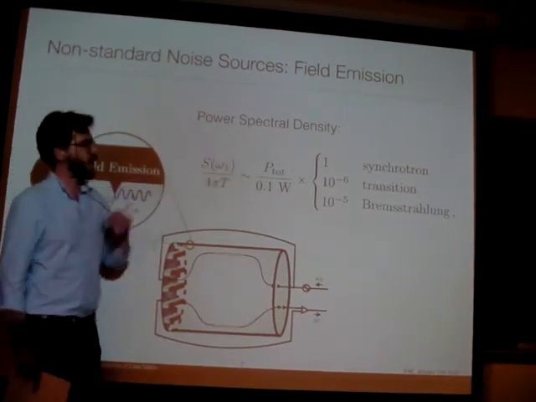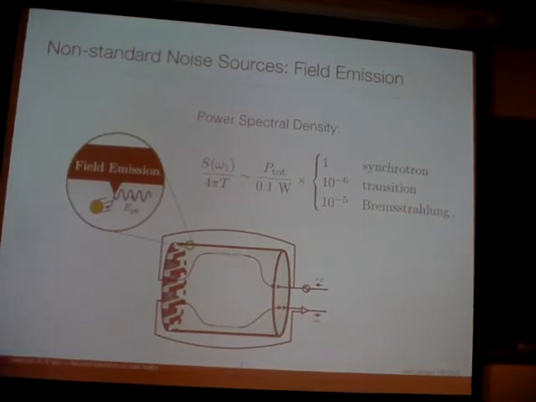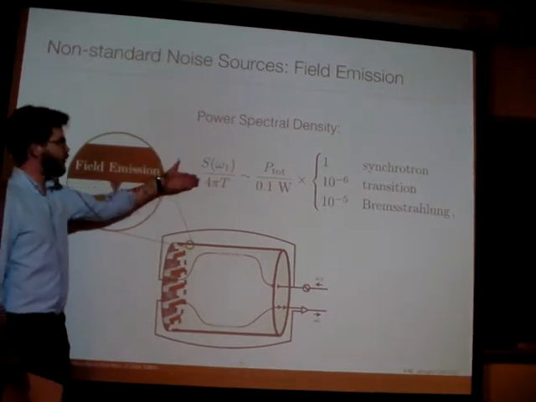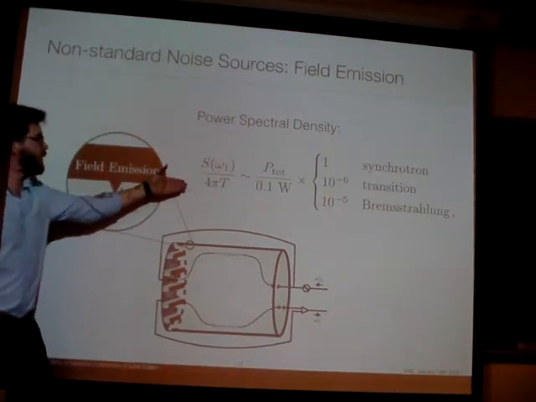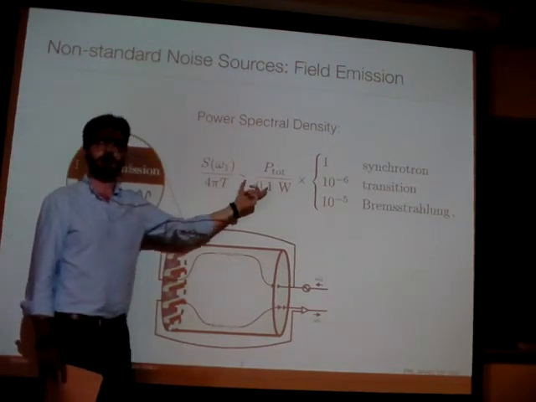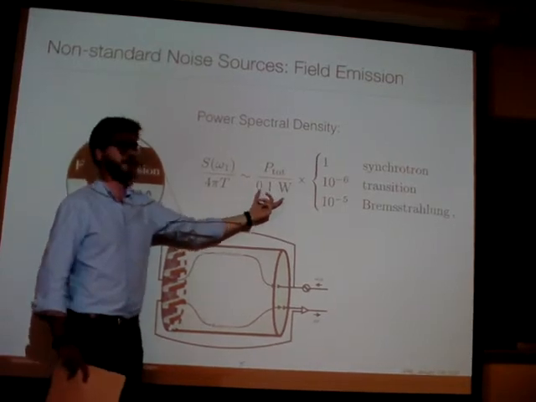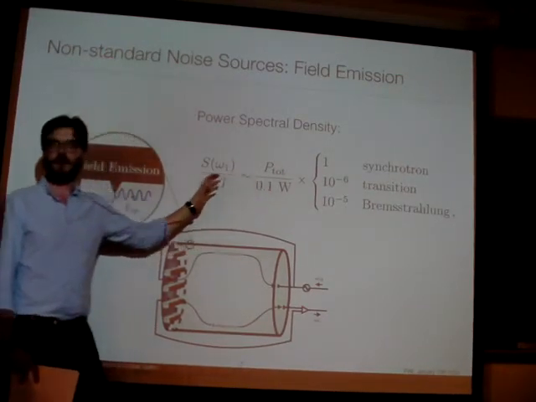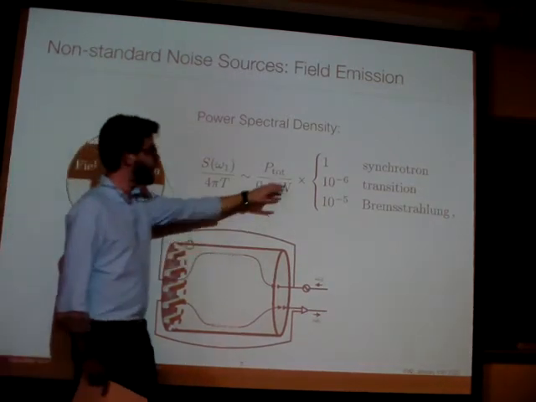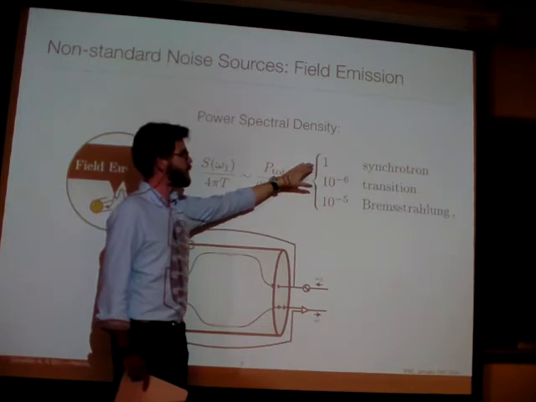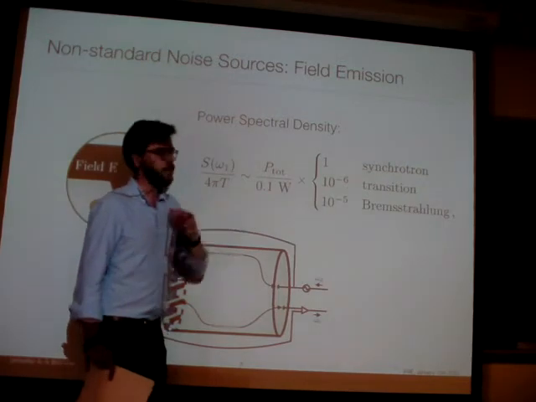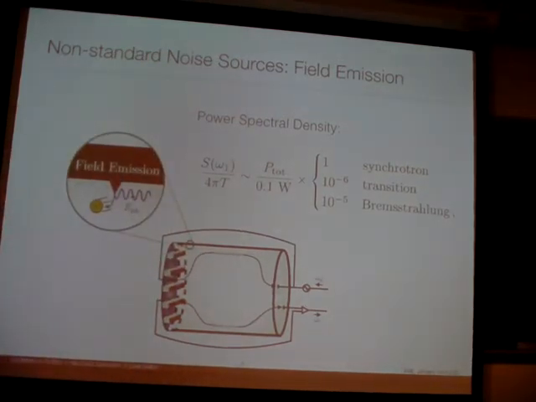All of these different types of radiation actually have different bandwidths over which they're emitted. And so when you actually compute the power spectral density normalized to the on-peak thermal power spectral density, you find that as long as the total power lost to field emission can be limited to 0.1 watts, bearing in mind that the whole cavity power is of order 100 to 1,000 watts, then the power spectral density of synchrotron radiation is the same as the power spectral density of thermal noise, and the transition and Bremsstrahlung radiation power spectral densities are much, much smaller.